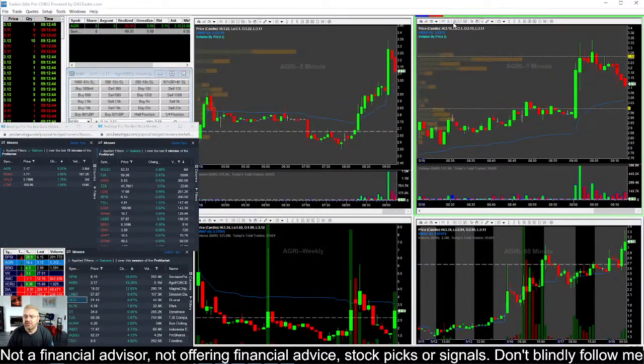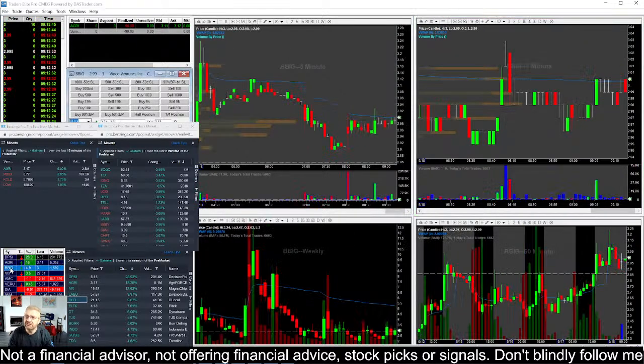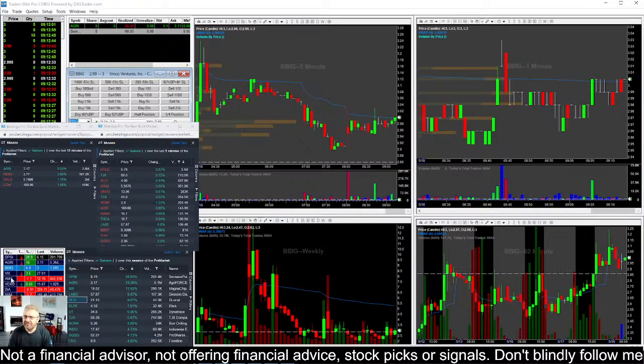Going back down to the VWAP here. On Agri, we're getting... BBIG is also up at $3 now. Low volume, but does have a meme stock interest, so potentially could gain quite a bit of volume after the bell.